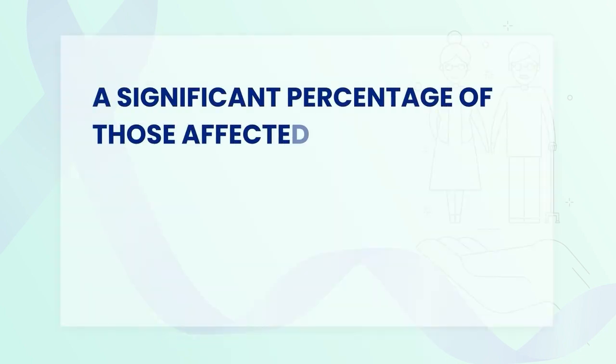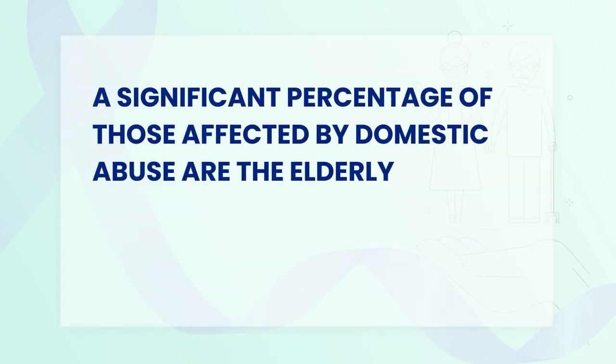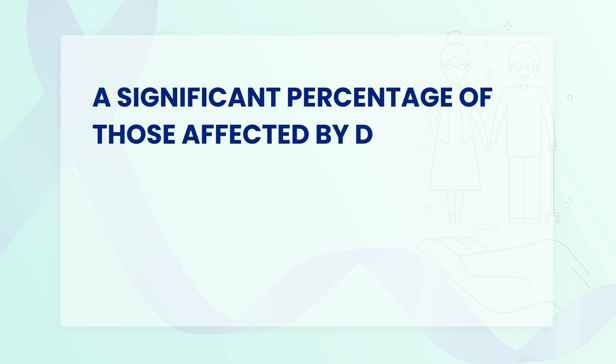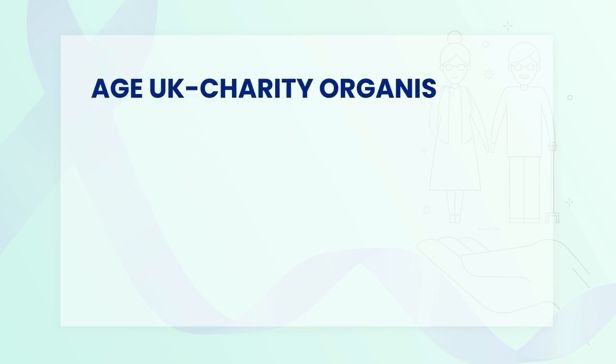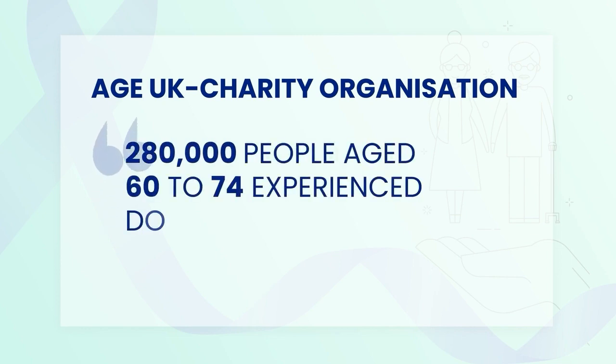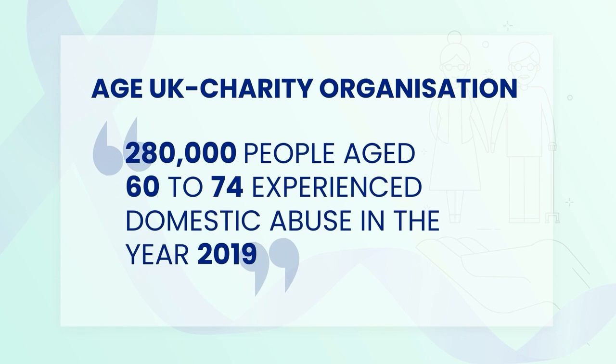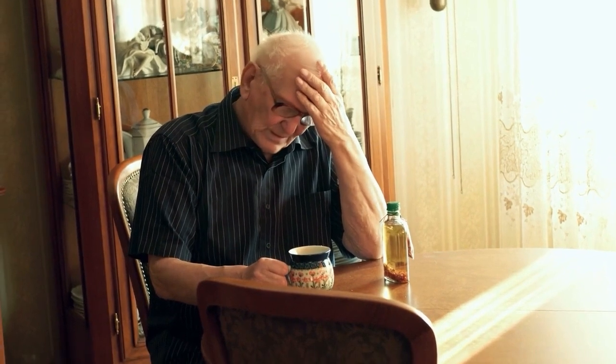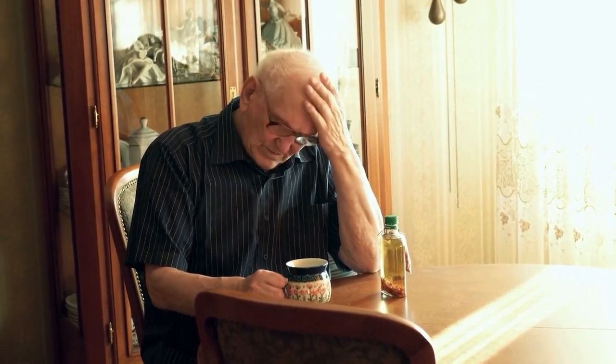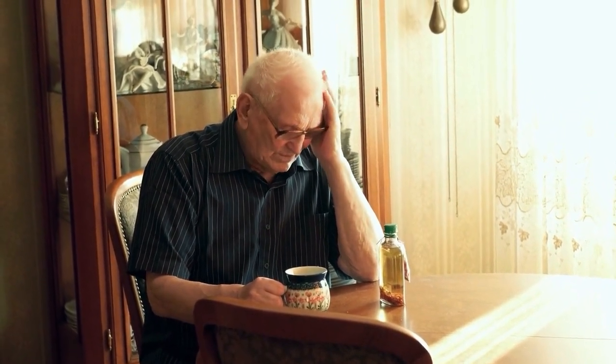A significant percentage of those affected by domestic abuse are the elderly. According to Age UK, a leading charity organisation in this country, 280,000 people aged 60 to 74 experienced domestic abuse in the year 2019. This number could be susceptible to increases in the elderly population and the effects of the pandemic.